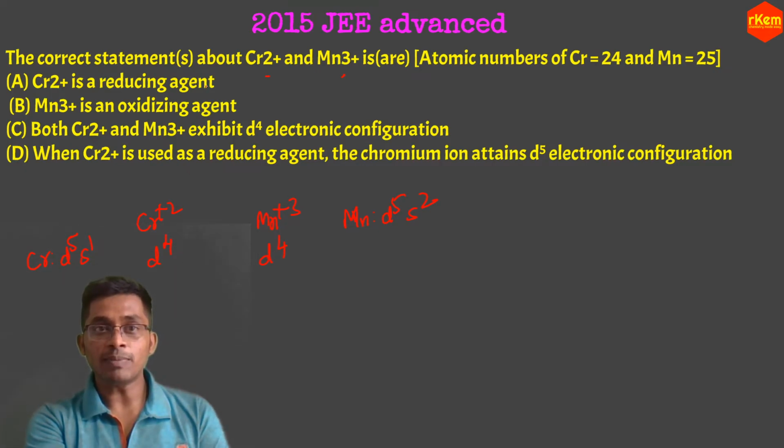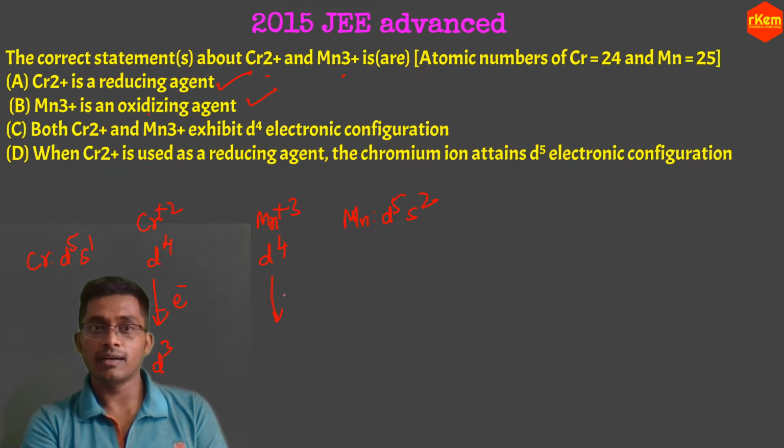But Cr plus 2 is a reducing agent, Mn plus 3 is an oxidizing agent. Reducing means it gives electrons, so after giving an electron it becomes d3. Oxidizing agent means it accepts electrons, so it becomes d5. d5 is half filled, it is more stable, so that is why it is a strong oxidizing agent.